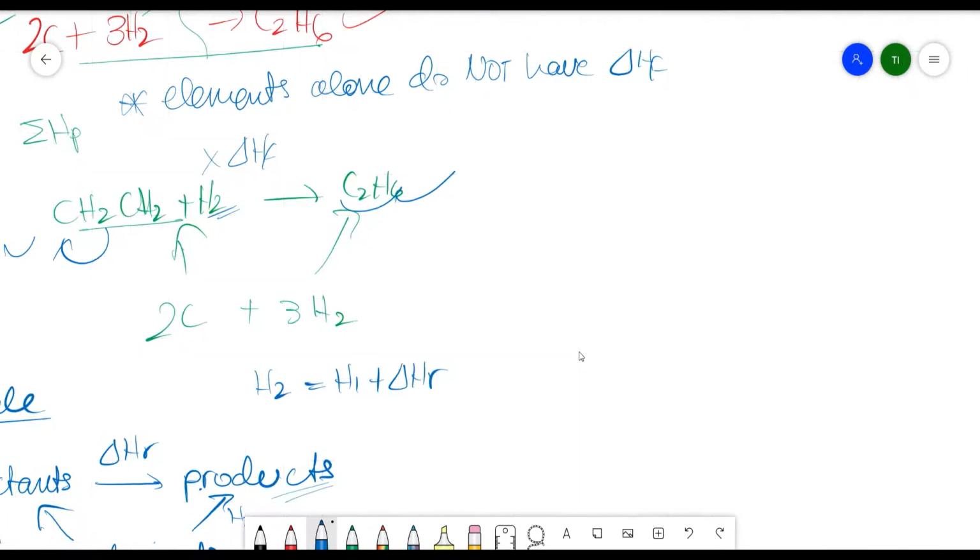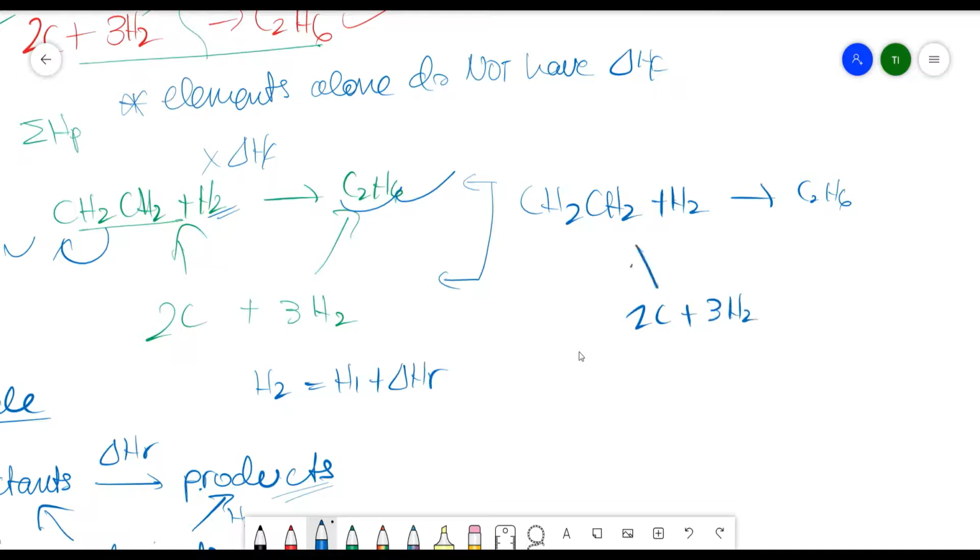So for the above example, this one, you could write the formation cycle similarly. C2H4 plus H2 gives you C2H6, and 2C plus 3H2. H2, H1, delta HR. So from here you can easily perform calculations.